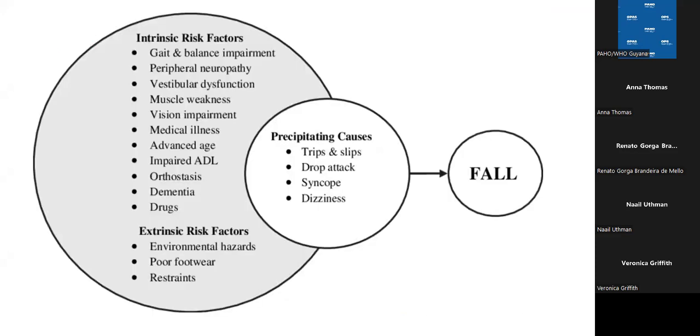As I said, intrinsic and extrinsic risk factors interact with precipitating causes like trips and slips, drop attacks, syncope, or dizziness to be translated into a fall episode, if I can say it like this.